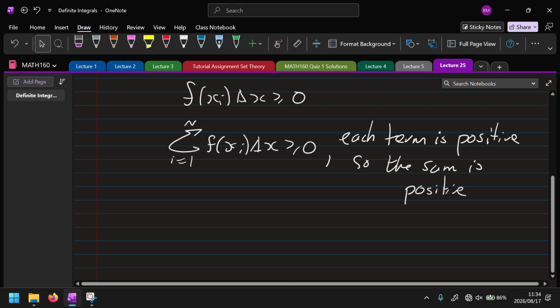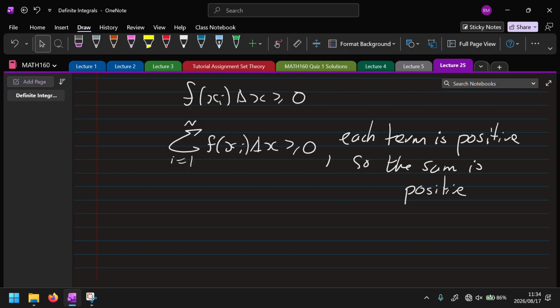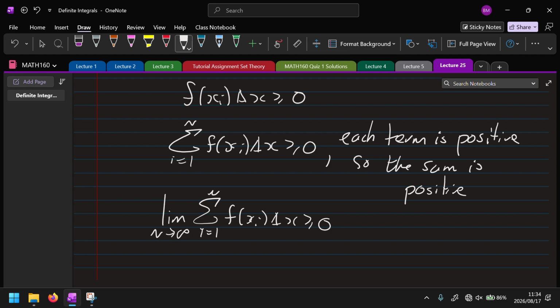And if the sum is positive for any capital N at the top there, then it is true that the limit of the sum is also positive. Right?